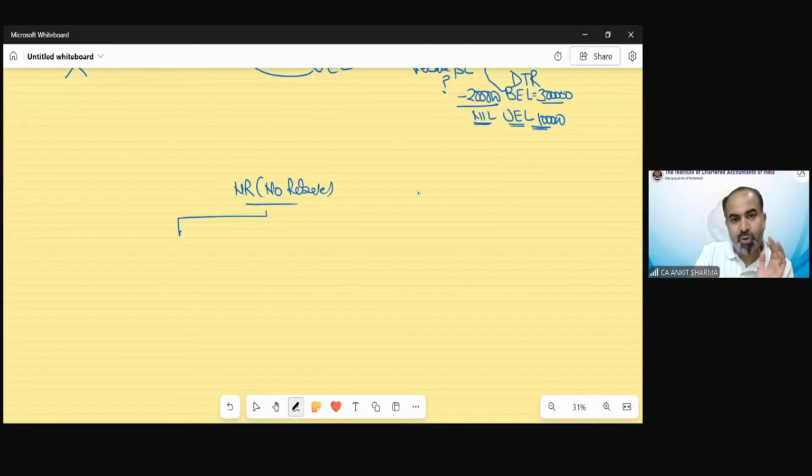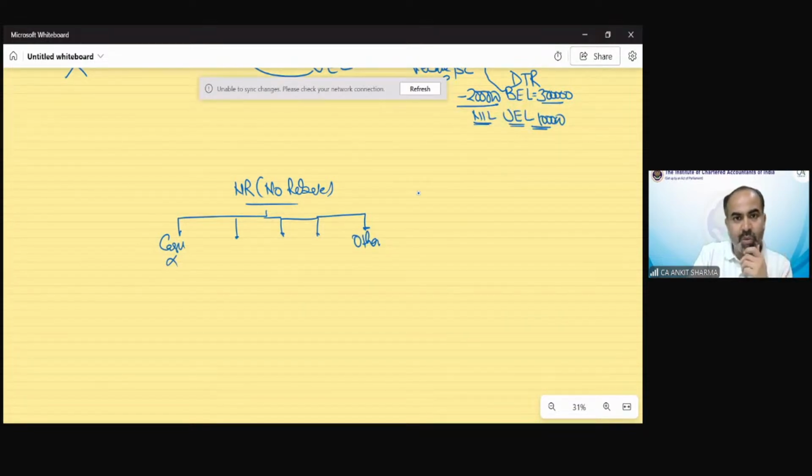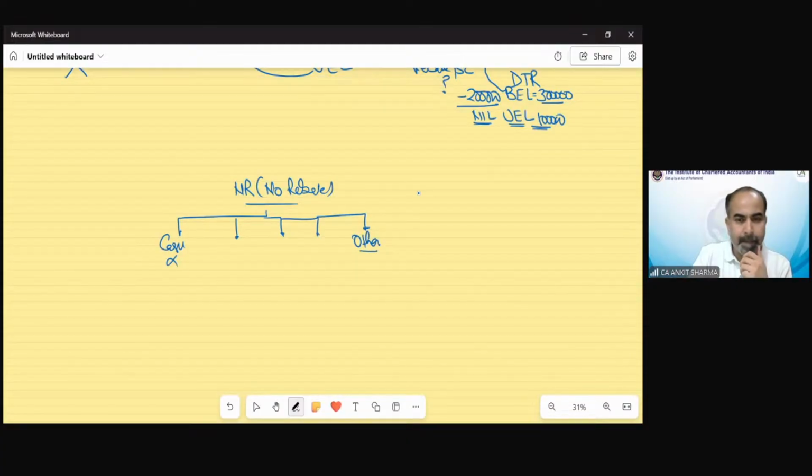I have asked you to always prepare these 5 parts of income. There is no casual income in this case. There are only 2 incomes: total income other than long-term capital gain, which has been given in the question, 2,40,000.